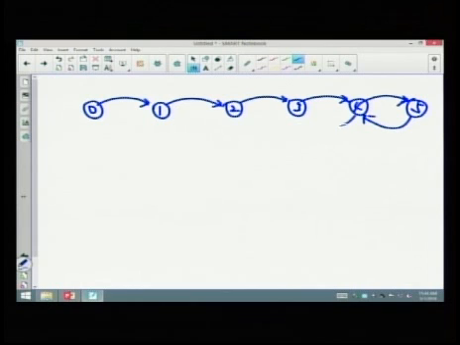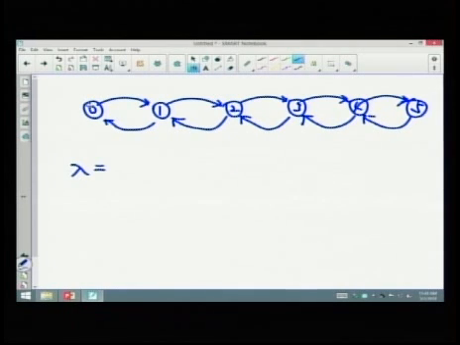Then we have our failure rate and repair rate down here. So what is the failure rate? By the way, what is the lambda? What is the failure rate? It's 30 days, right? So the failure rate would be 1 over 30 per day.